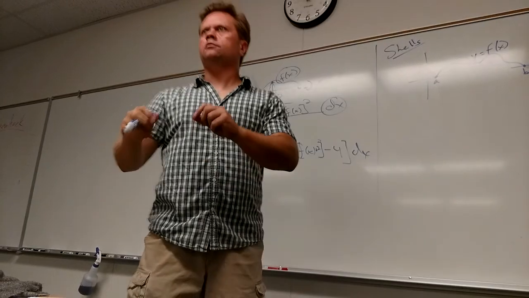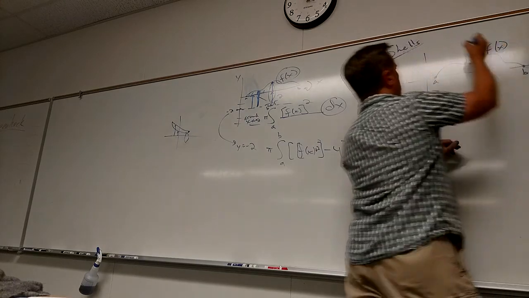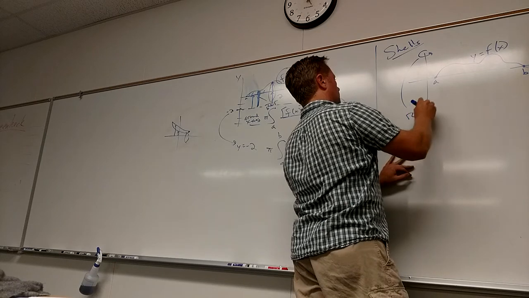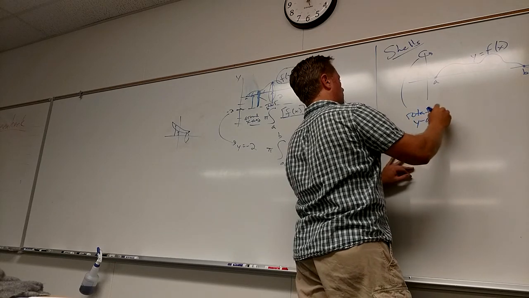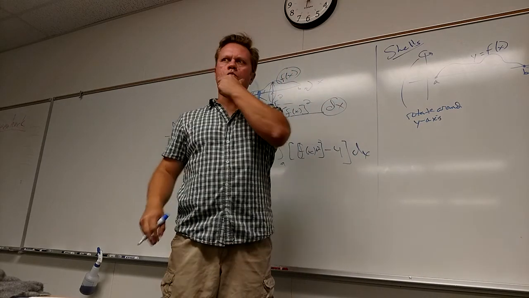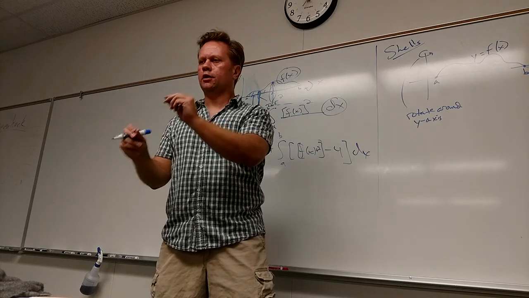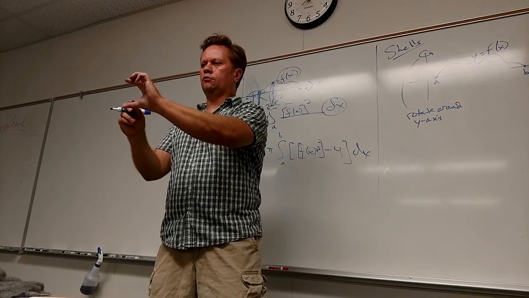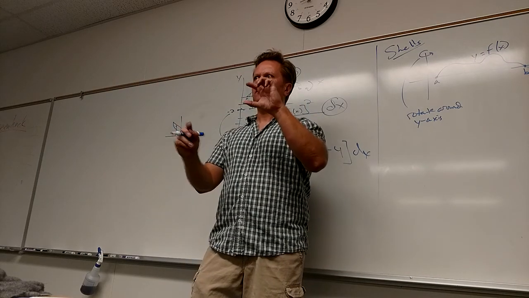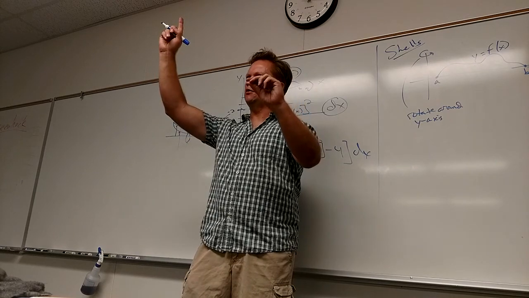Now, if I were to do shells and I'm rotating around, let's see. All right. If I'm rotating on the y-axis, the whole thing about shells is that the rectangle that you're going to rotate to make a shell is sitting on the axis perpendicular to what you're going to rotate around.